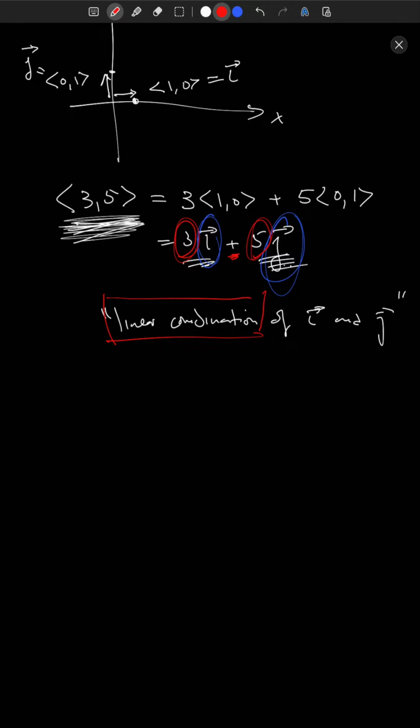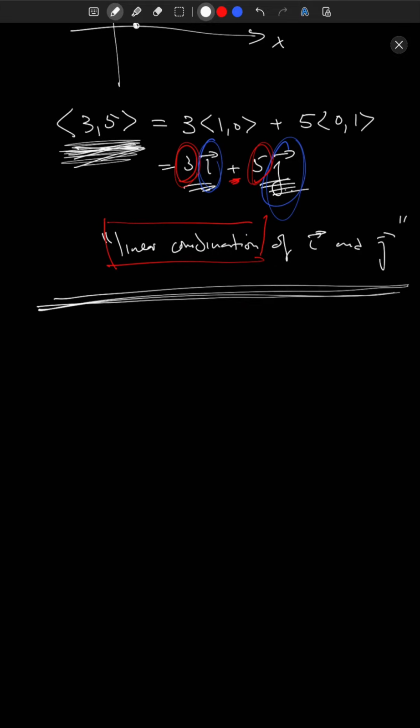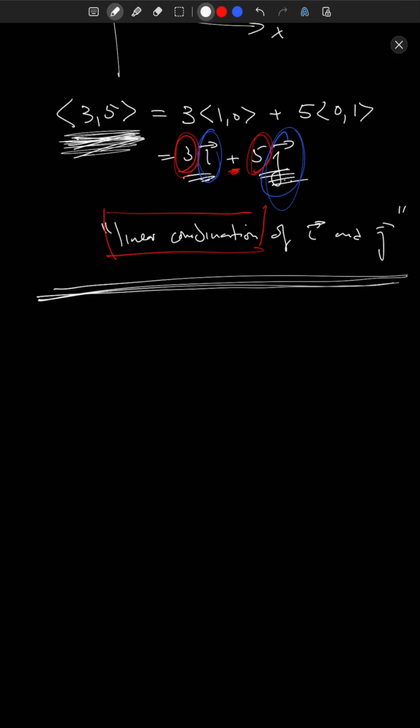If you take more calculus in the future, you'll definitely hear that term in third or fourth semester calculus. So we'll use both notations: the 3, 5 with the sharp brackets, and also the 3i plus 5j notation.